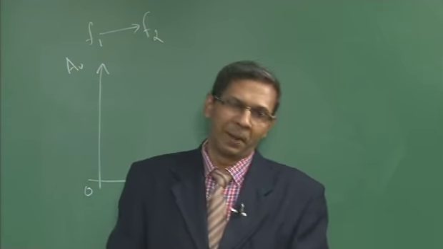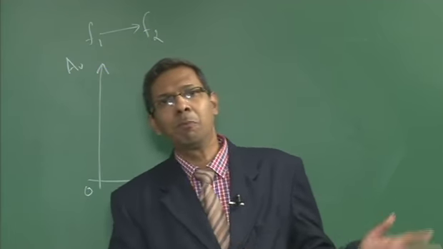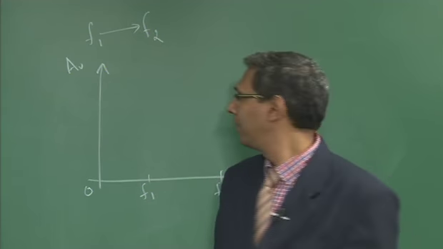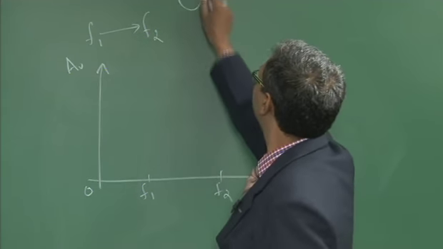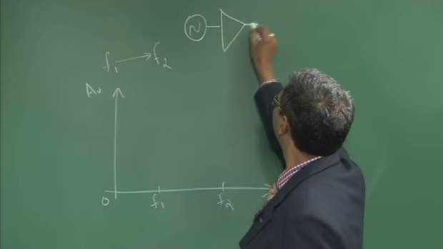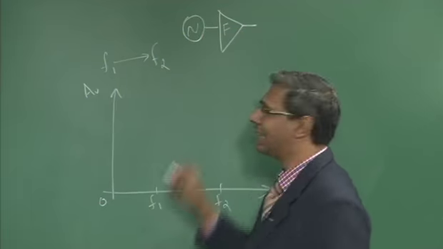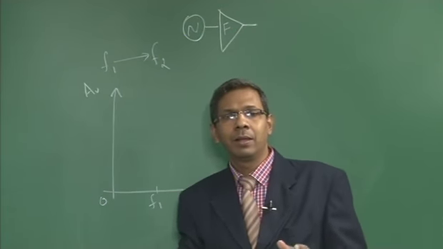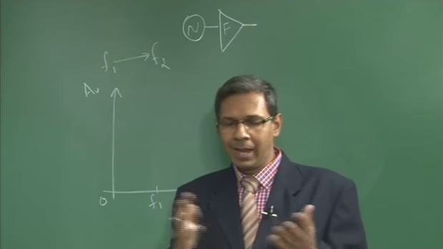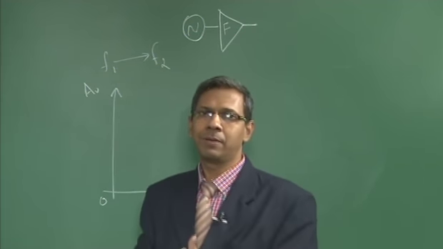What does filtering mean? Filtering means my input signal can have any amount of frequencies, but if I give this particular signal to my op amp, and my op amp is acting like a filter, then you can design the filter in many ways. Let us classify these filters.